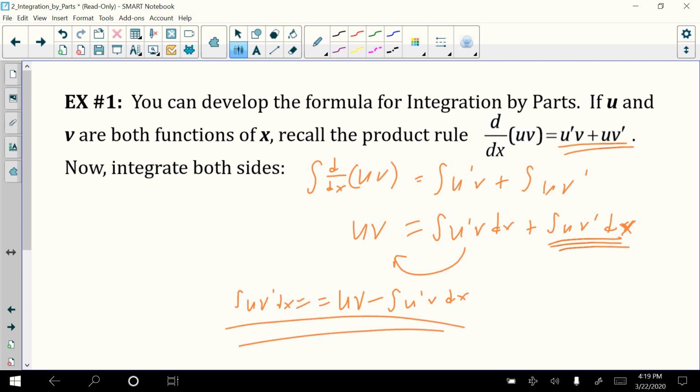And this is what we're looking at for our formula for integrating by parts.